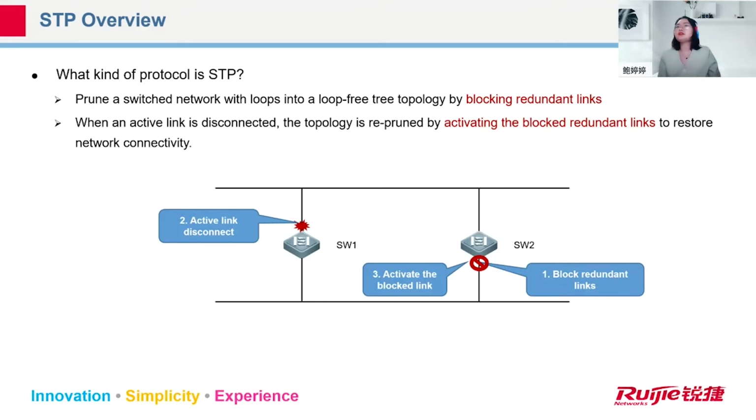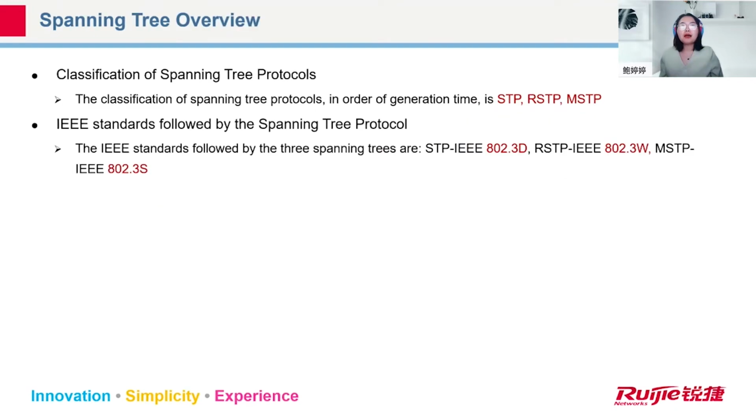If a lower bandwidth interface is blocked as a backup interface, it's okay for us. So this is our main requirement. About STP, how to calculate the result and how to decide which interface should be blocked, later we will see the detail.